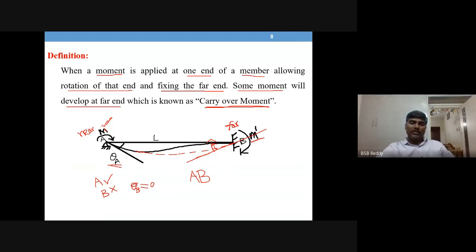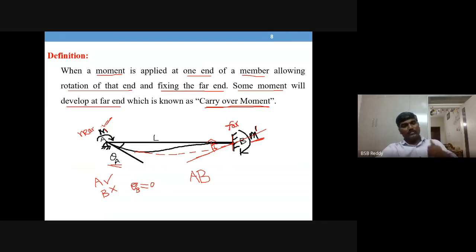The far end will also try to rotate, but as that support is fixed, it cannot rotate. That is why resistance will develop, a reaction. That reaction at the fixed end is m dash. The moment developed at the far end is known as carryover moment.